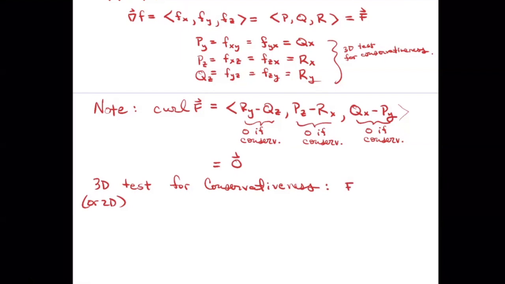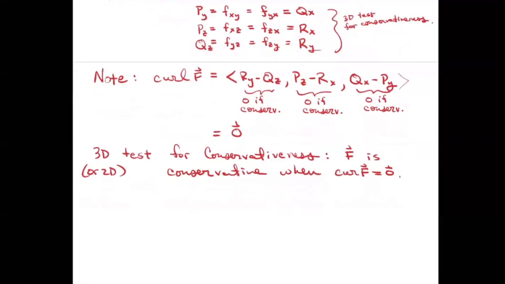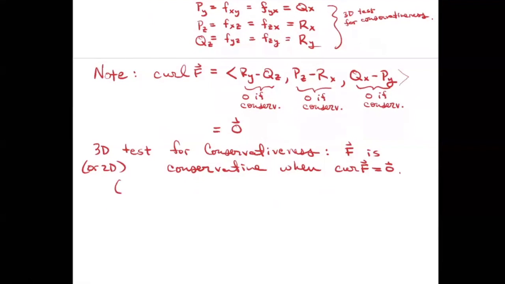So the field F is conservative when the curl of F is 0. That's a 0 vector. This tells us again that conservative fields in 3D are irrotational.